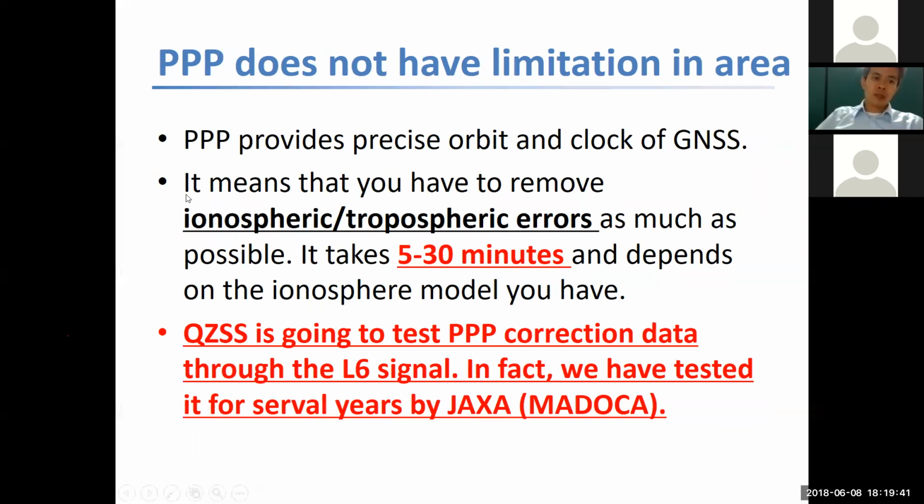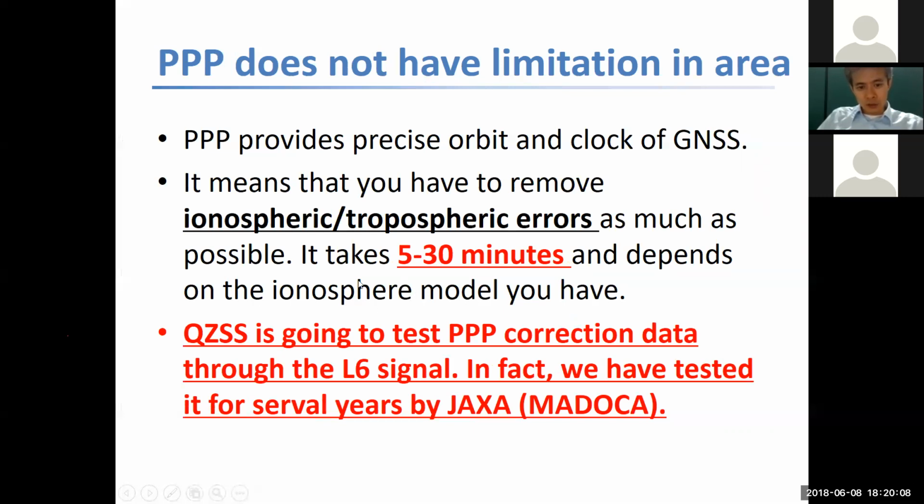PPP, precise point positioning, does not have limitations in coverage areas. It provides precise orbit and clock of GNSS. Maybe a commercial service also provides the ionospheric term. It means that you have to remove ionospheric and tropospheric errors as much as possible based on your rover receivers. It takes 5 to 30 minutes and depends on the ionosphere model you have.